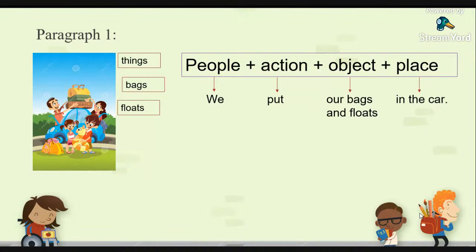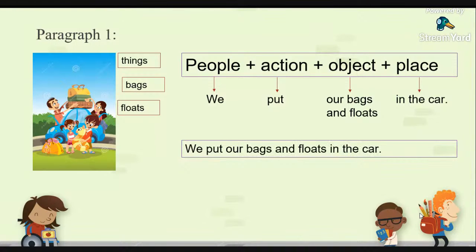So, as long as you have these 4 elements, voila, you'll have a complete sentence. We put our bags and floats in the car. Okay. Dapat tak? Teacher harap awak dapat. Okay. Tak apa, kalau rasa laju, you can go back after this. Okay. There's a lot of latihan lagi kita boleh buat sama-sama hari ni.